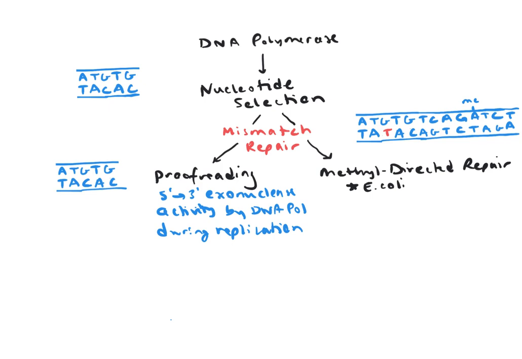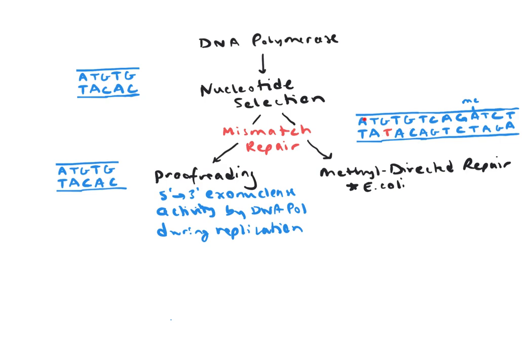E. coli has a very clever way to repair these mismatches if the polymerase doesn't catch them during proofreading. But this has to happen shortly after this region has been replicated, otherwise it won't work. So what happens is at some point, this consensus sequence GATC is methylated, and this is going to happen sometime after replication.